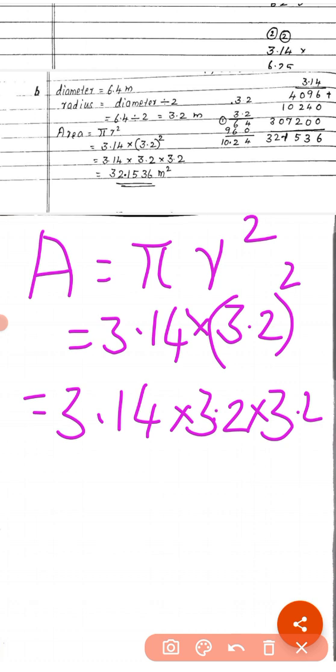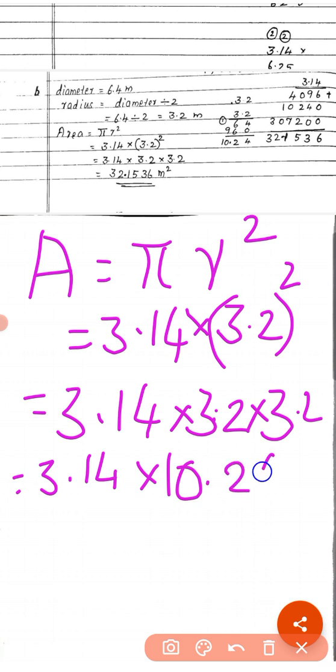3.2 squared means 3.2 into 3.2. This step is very important, children. 3.2 into 3.2 is 10.24.